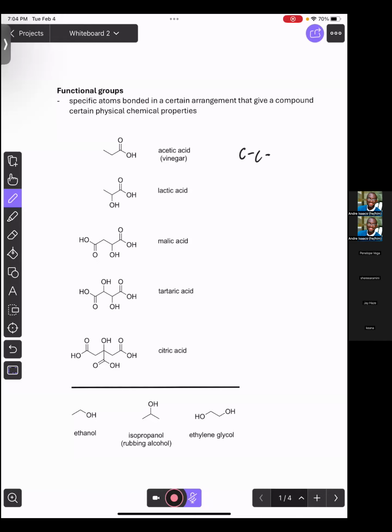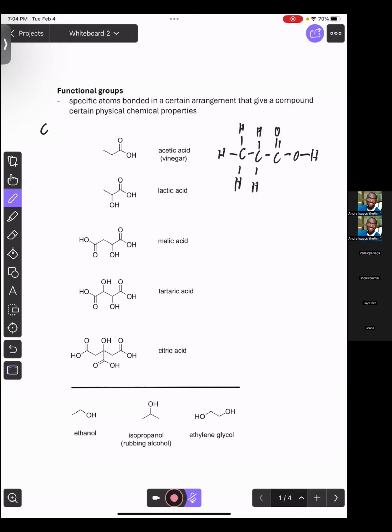This is the analogous Lewis structure for the first molecule on the top, and this is something you could have drawn if I'd given you a formula. You would have figured out that this formula is C3, three carbons, six H's, and two oxygens.